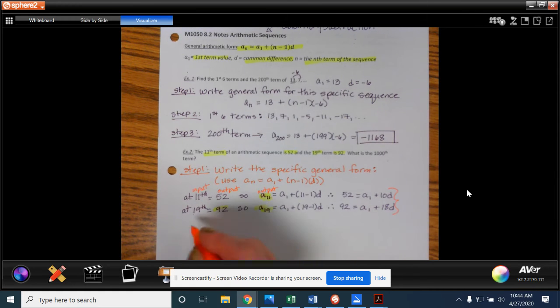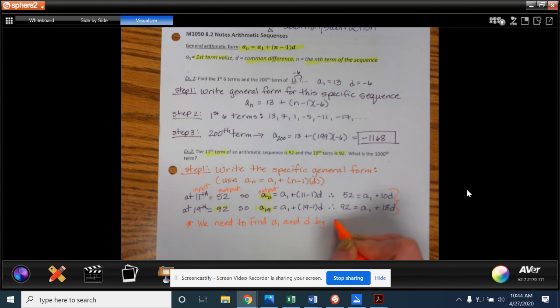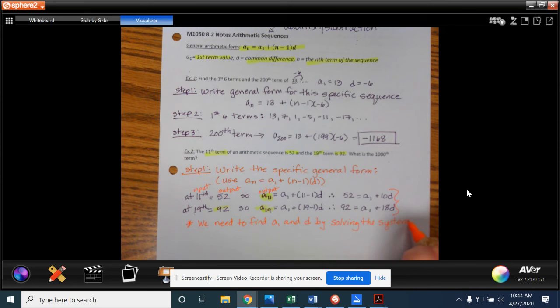So I have two equations. We now need to find a of 1 and d by solving the system. This is a system of equations.